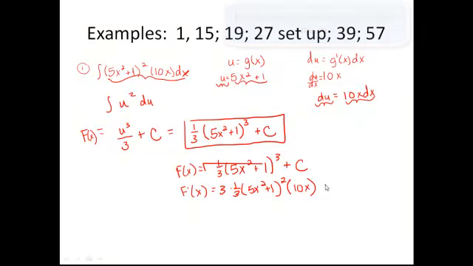And then I get a plus nothing because it's a constant, so those cancel each other out. When I derive this general antiderivative equation that I found, I do in fact get this: the 5x squared plus 1 squared times 10x. More examples are to come in the next video on this process of u substitution.